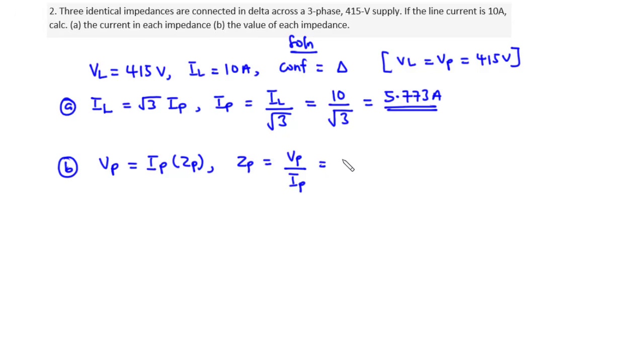Therefore, we have Zp equal to 415 divided by Ip, that is 415 divided by 5.773, which is equal to 71.87. So we have the impedance in each phase, or better still, the value of each impedance, to be 71.87 ohms. Now let's move on to the last example.